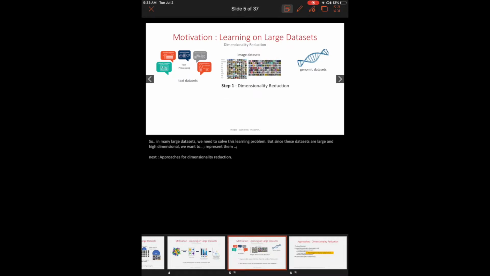So the first step in these datasets is dimensionality reduction. Our focus in this work is on this first step of dimensionality reduction.